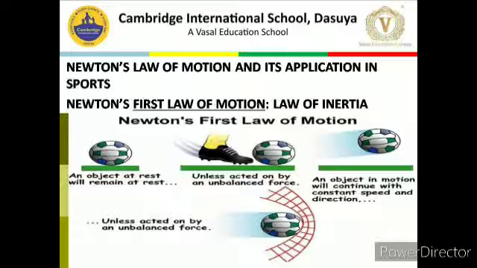Whenever we are wrestling, we are giving force on him or her, so automatically he will change position. The external force may be gravitational force, the surface of the playing field, the defensive player, or the braking action of the sportsperson's body to stop. You see, in kabaddi also, when we push a person, automatically he will be pushed away from our side. So these are the things in the law of inertia.